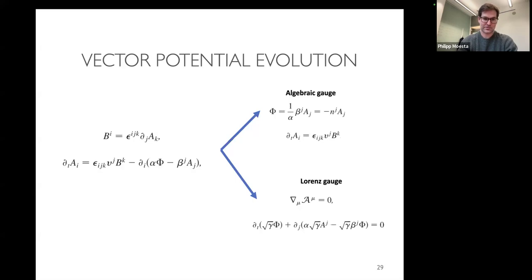You see the evolution equation there at the bottom left of the slide, where we have dt of A_i, and then a combination again of this B_k and an additional gauge field phi. This guarantees that we always have a divergence-free magnetic field, because the magnetic field is derived via the curl of the vector potential.